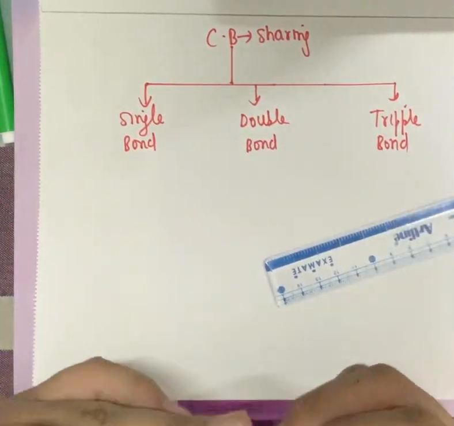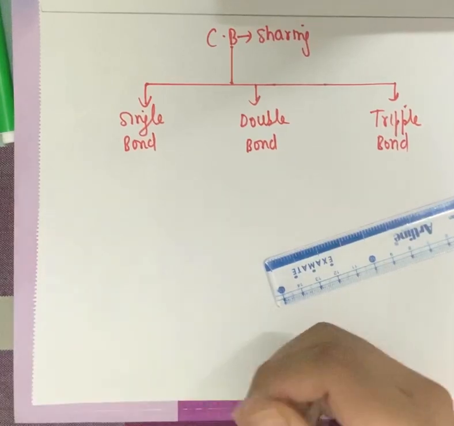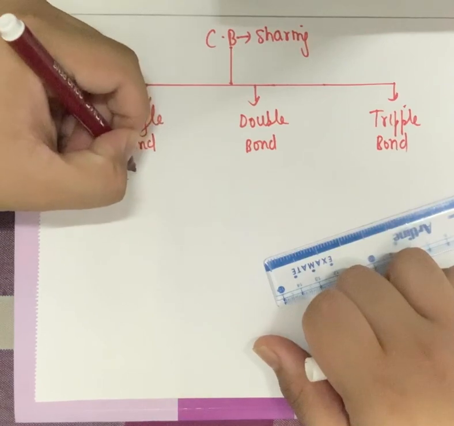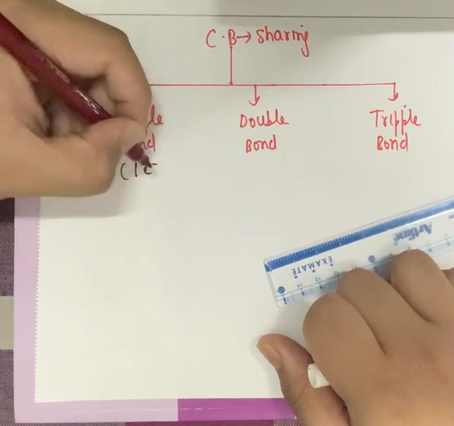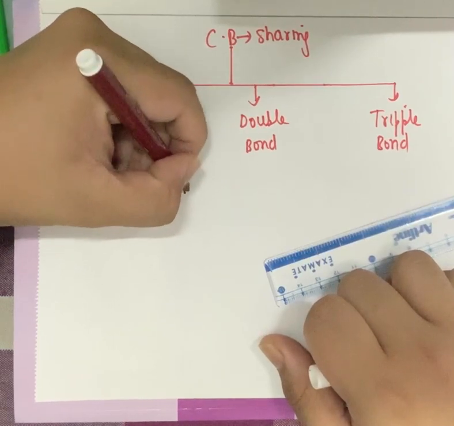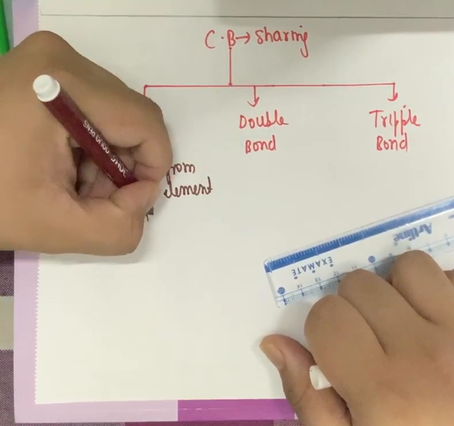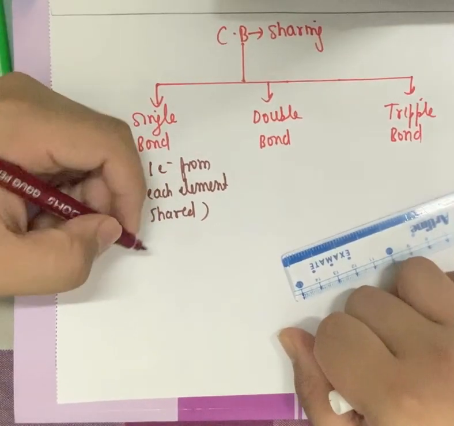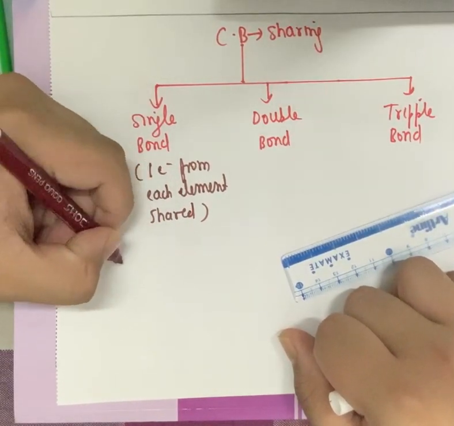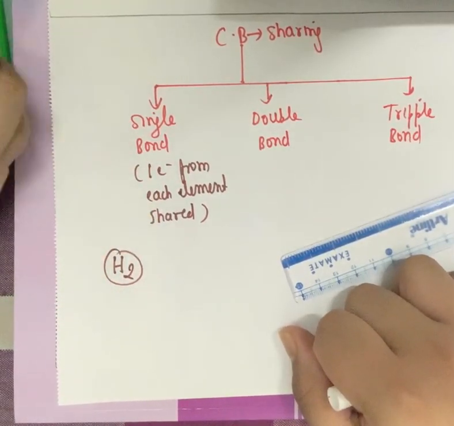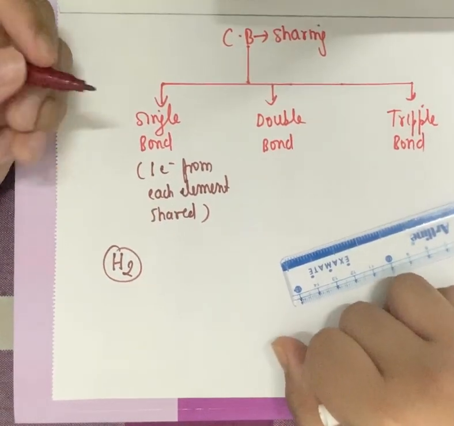From the name only it is understood that the single bond will have 1 electron from each element shared. So to take a simple example, hydrogen occurs as a hydrogen H2 molecule.